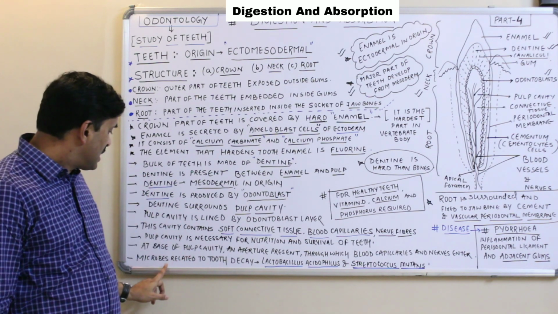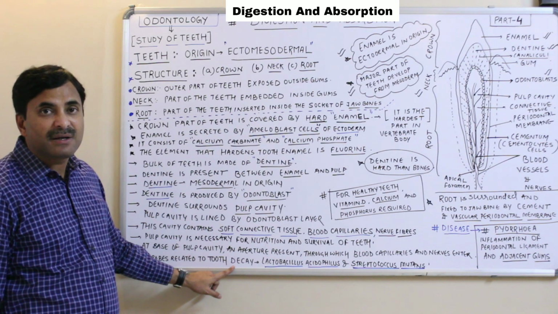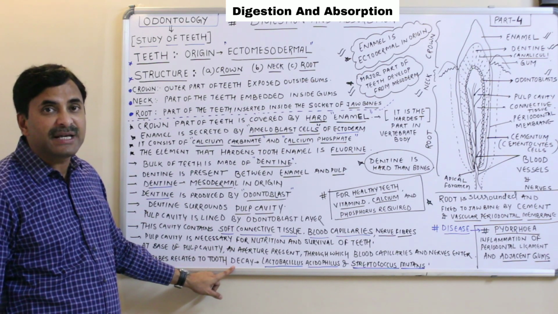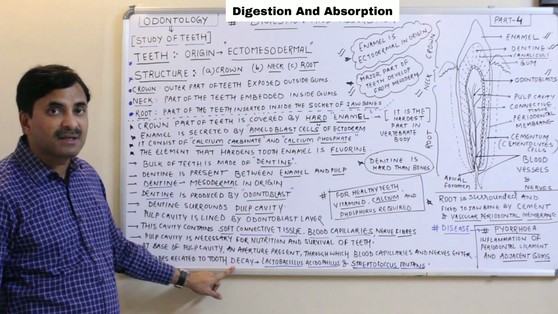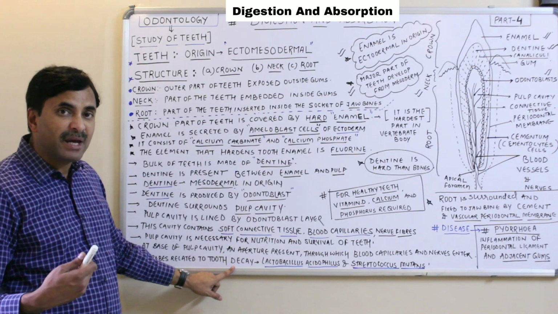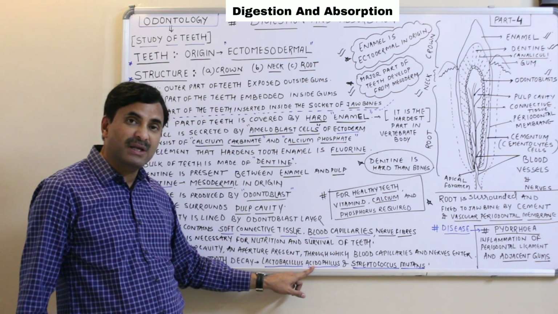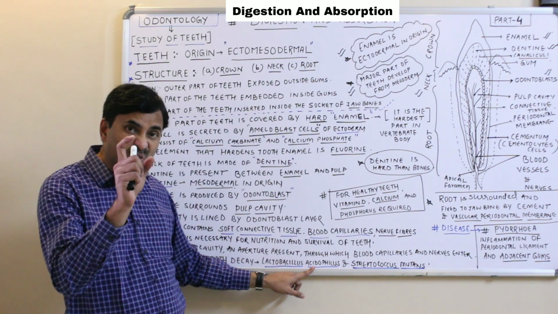Now, microbes related to tooth decay. Sometimes we see that the tooth decays, and tooth decay occurs with the help of certain microbes found in the buccal cavity, known as Lactobacillus acidophilus, which feeds on carbohydrates.